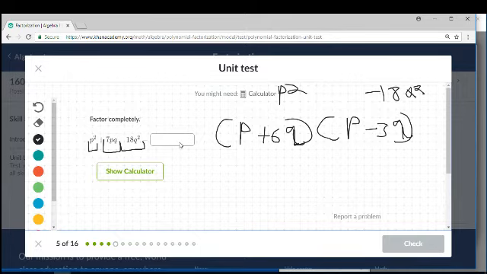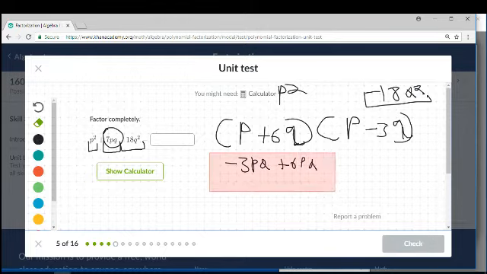But we can try different combinations to make this negative 18q squared and see if it gives us that 7pq. So let's see. That's going to be negative 3pq plus 6pq. Well, that's not going to work.